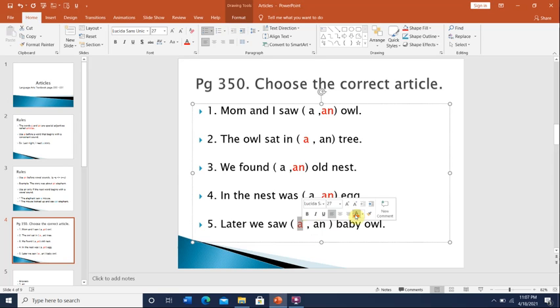So an article is a special adjective used before a noun. We use a before a word that begins with a consonant sound. We use an when the next word begins with a vowel sound. What are the vowel sounds? A, E, I, O, and U.